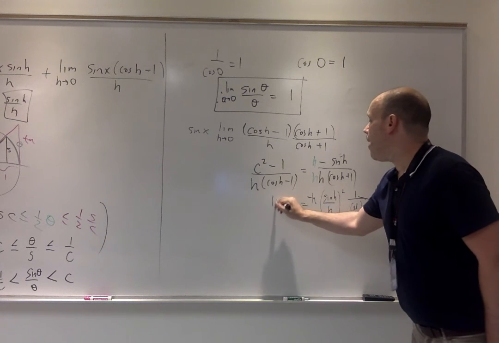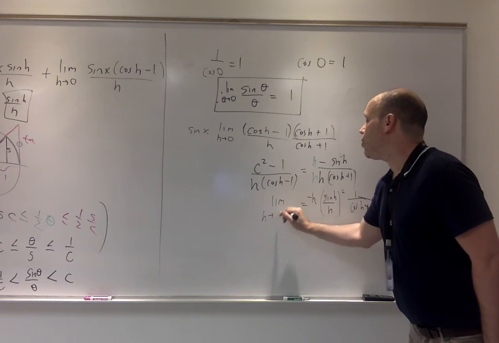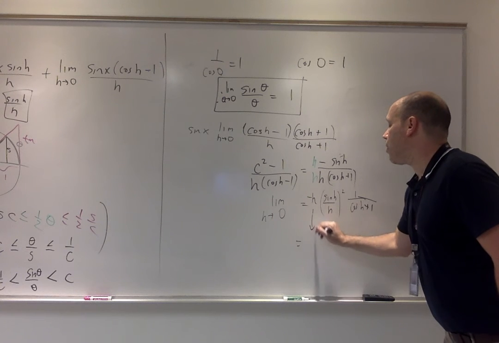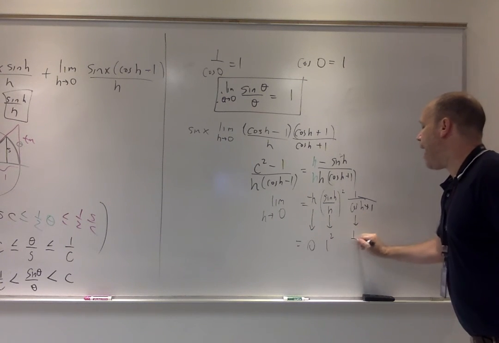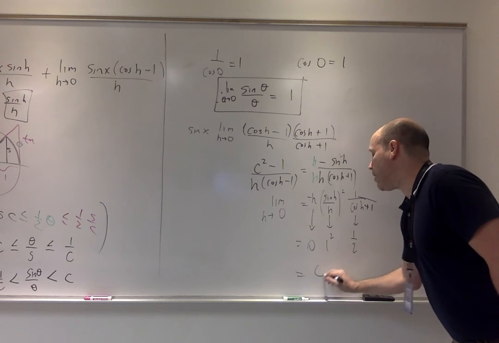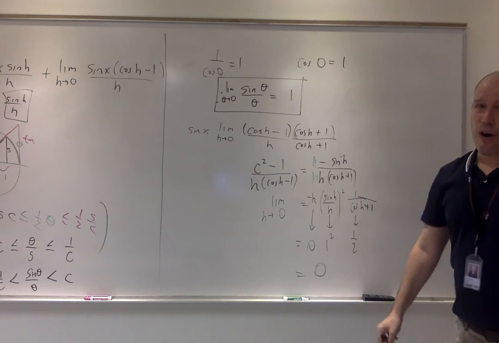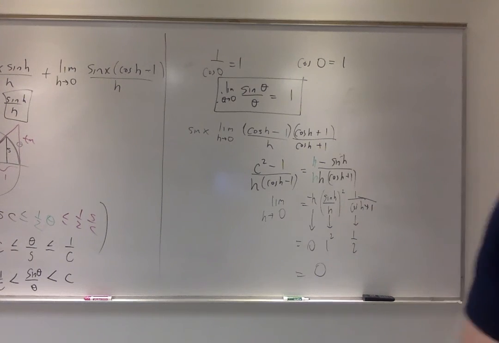Then when we take the limit as h approaches 0, this is 0, this is 1 squared, and this is 1 over 2. Final answer, 0.